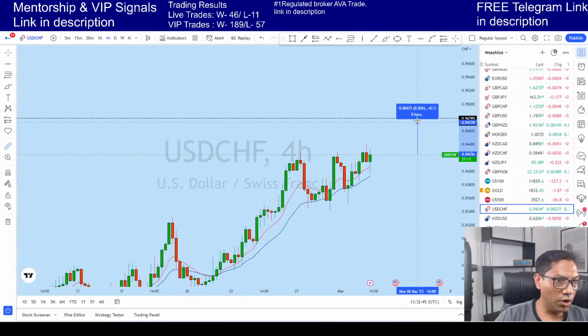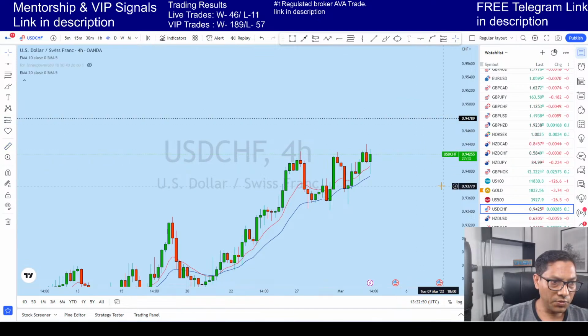And in this move, I think this market will have at least a 54 pip move to the upside, which is highly likely to happen. I'll explain why I think so.